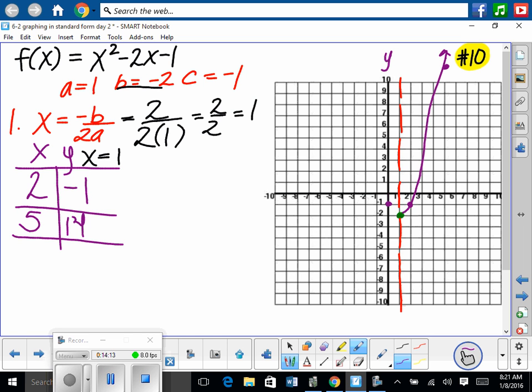So 1, 2, 3, 4. You guys see how I did that? Yes. Okay. Because a lot of people were drawing their parabolas not symmetric. They were doing it on the y-axis, but if it's shifted, you've got to go off of the axis of symmetry. Is everybody good with that?